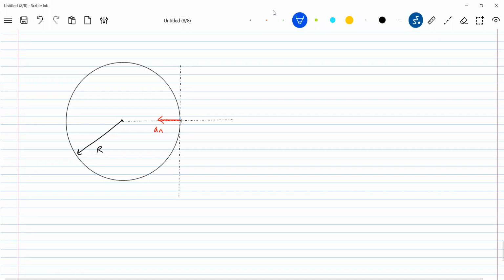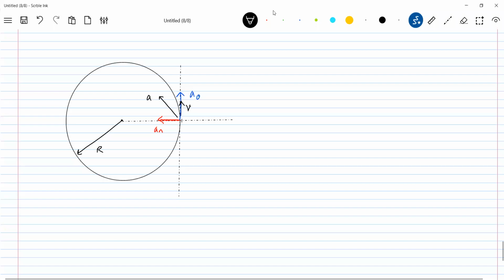This is A tangential. And this is the total acceleration vector. And it will also have velocity. It will also have tangential. Instead of writing v theta, let me write only v.